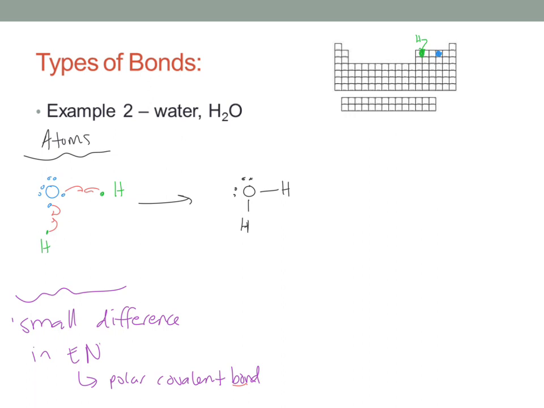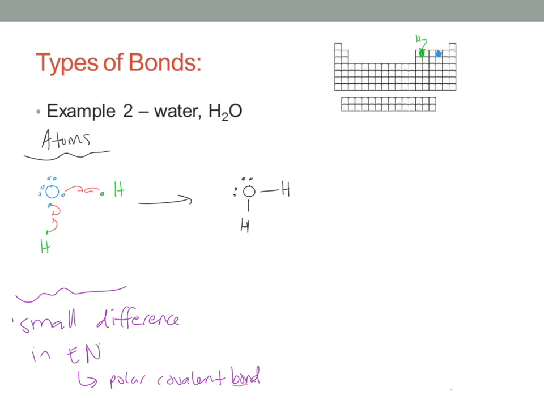And now, since I think it's polar, that means I need to put the dipoles on. I need to put those partial charges on. And to do that, you just look at an individual pair of atoms that are bonded to one another. So I'm not going to look at the whole molecule, I'm just going to look at each polar bond. So I've got one OH bond right here. I know that that's polar. And I need to ask myself, which one of those two elements is more electronegative?